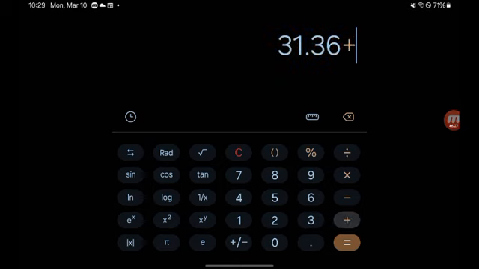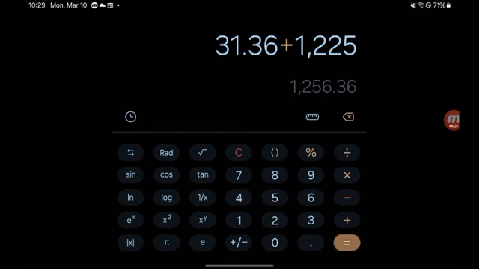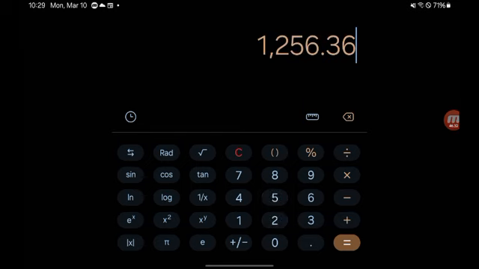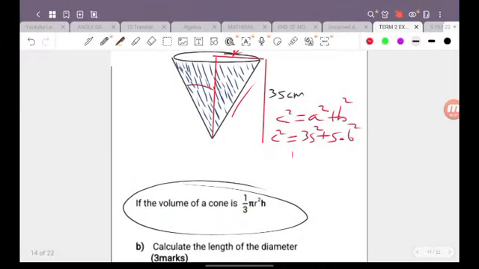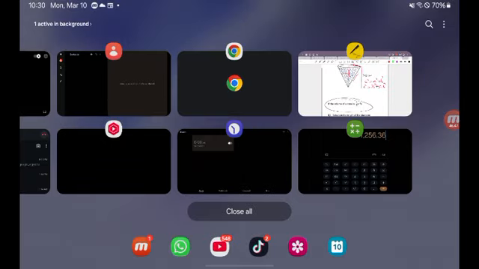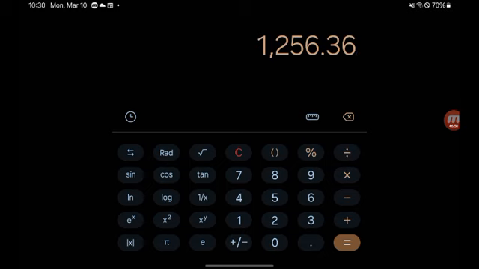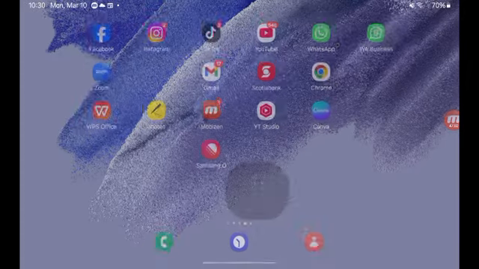And then remember we just calculated 1225. We're going to add those two together. We're going to get 1256.36. Let's just write that down. So that's 1225 plus 31.6. Alright, let's double check on that. 5.6 squared, that's 31.36.